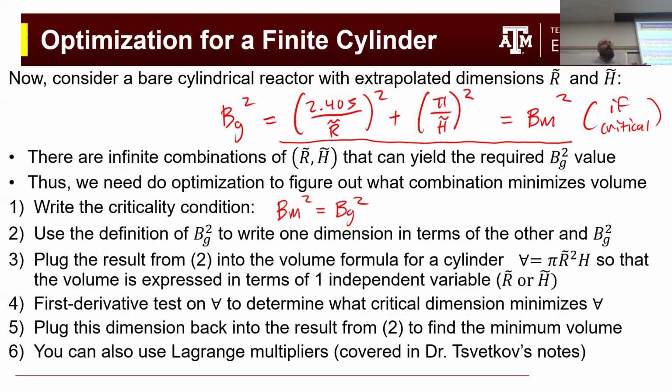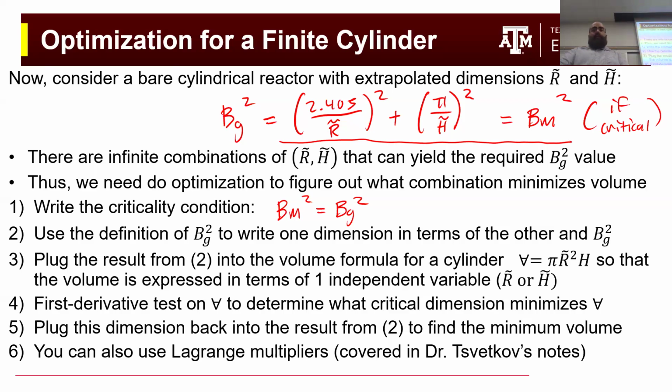And once I'm there, if I want to find the minimum volume, then I do a first derivative test on that volume function. I take that volume, take its derivative with respect to whatever variable I've left, like the derivative with respect to R or with respect to H. And then in that first derivative test, you find what values of the input make that derivative equal to zero.